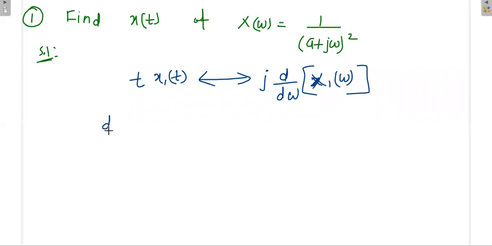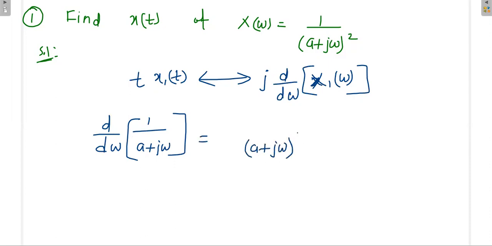Differentiation d by d omega, let's take 1 by (a plus j omega). If I differentiate this with respect to omega, I'll be getting (a plus j omega) whole square in the denominator, with a minus j. So the differentiation gives minus j by (a plus j omega) whole square, but what I need is 1 by (a plus j omega) whole square.